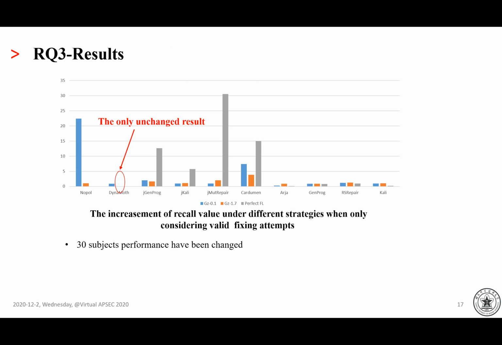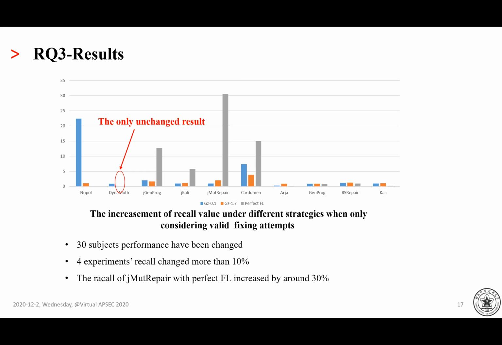The only result that remains unchanged is the Dynamoth tool under the Ochiai strategy. Such results show that the non-repairability factors have an impact on various APR tools under different fault localization configurations.